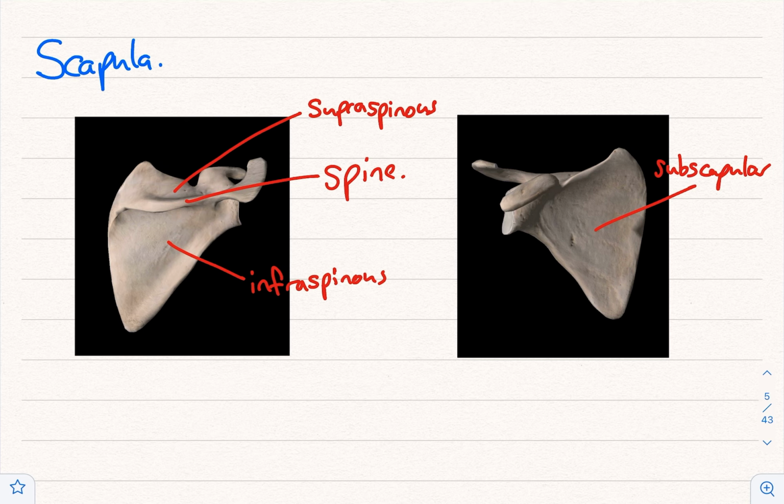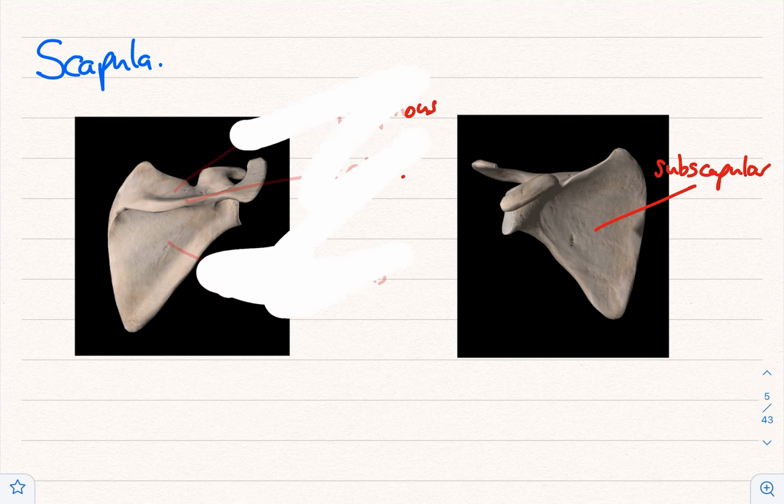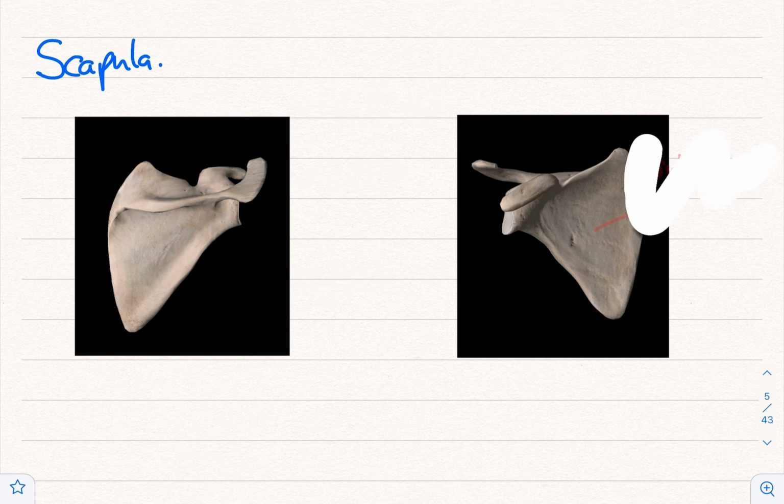The other thing with the scapula, I'm just going to clear all of this stuff to get a better view. There are these two structures. So this one here, here and here. Obviously you're just getting them from different views. They are called the acromion and the coracoid process.